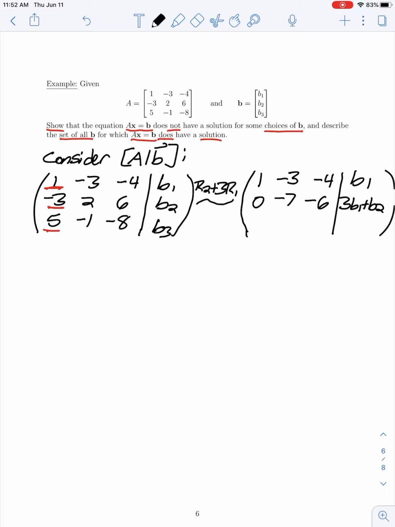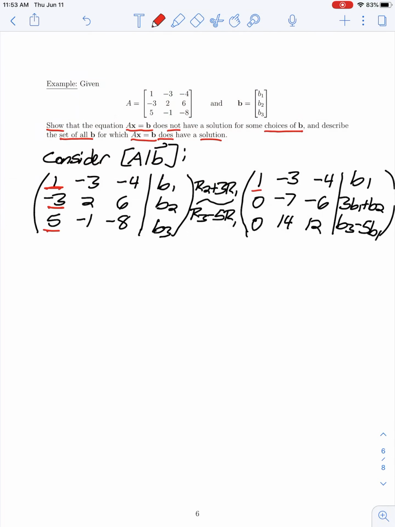And I've got 3B1 plus B2 for the right-hand side. Now in this same step, I'm going to kill off the 5 in my lead entry of the third row by taking row 3 and subtracting 5 times row 1, which makes my third row, let's see, we've got a -5 plus 5 is 0, 15 minus 1 is 14, we've got 20 minus 8 is 12, and in our right-hand side, we have -5B1 plus B3, or equivalently B3 minus 5 times B1.